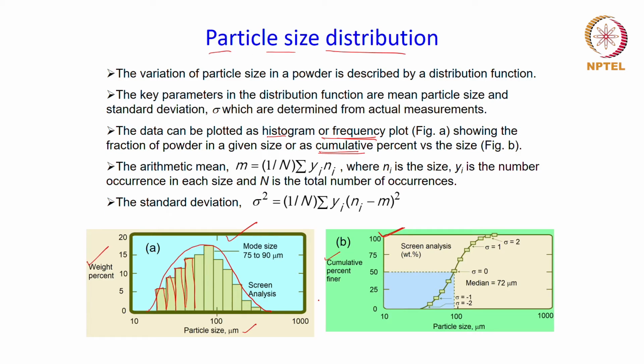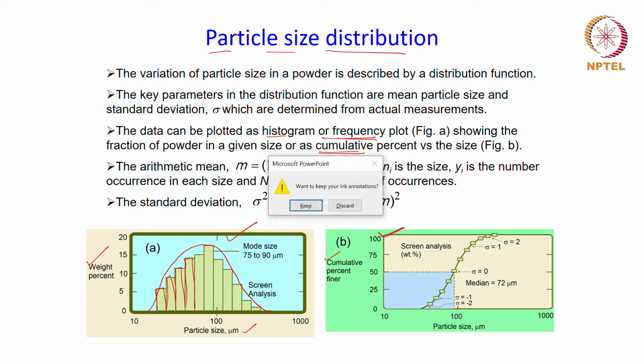So, either the size above a given size or the size below a given size, both can be considered to construct this cumulative plot. Okay. We can take an example and then see how it is done. So, that will give you more clarity as to how exactly it can be obtained and what we mean by cumulative. So, let us take this example.